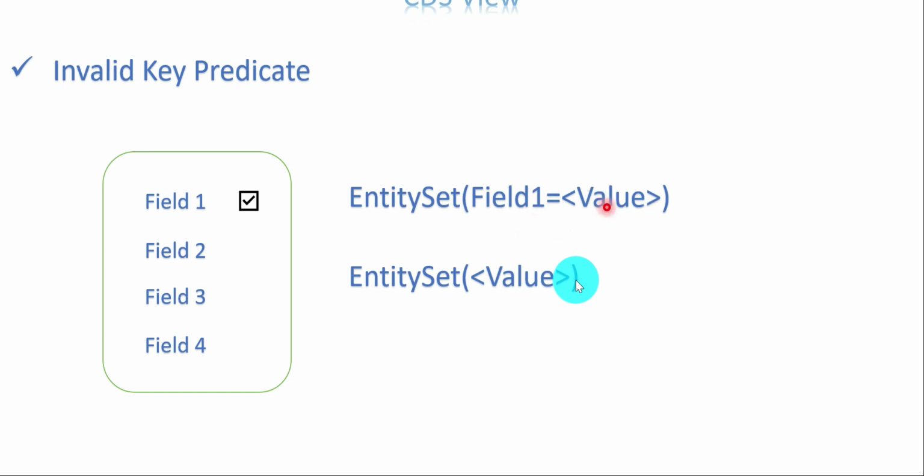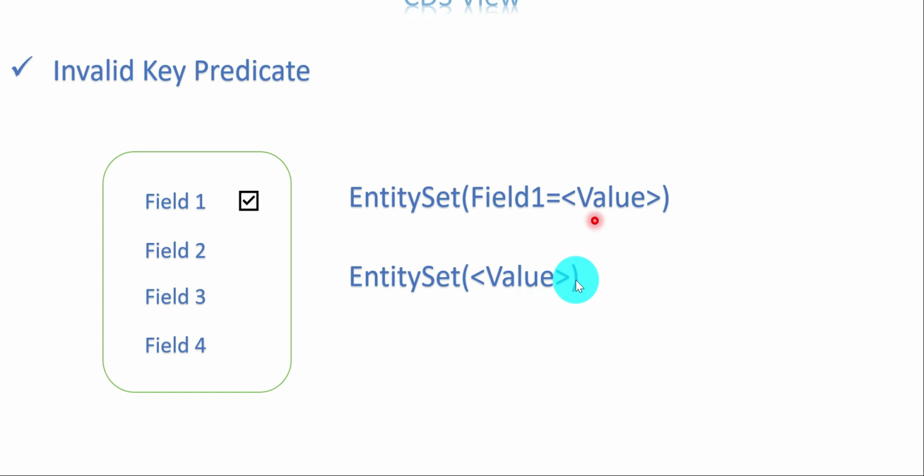The value, if it is a numeric field, is given without single quotes. If it is a character declaration, then you have to pass the value within single quotes. Another way is also possible: if there is only one key field, you can pass just the value of the particular field after the entity set.